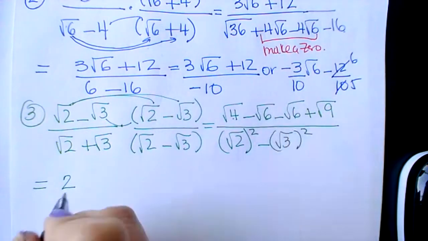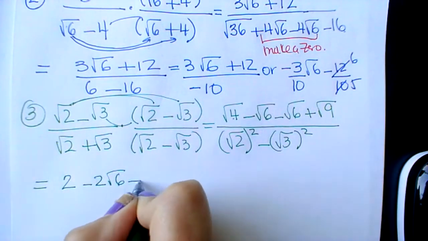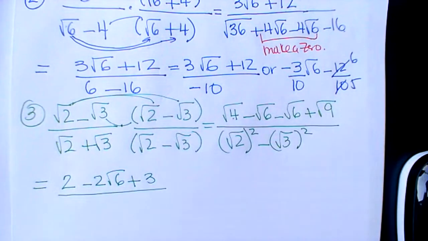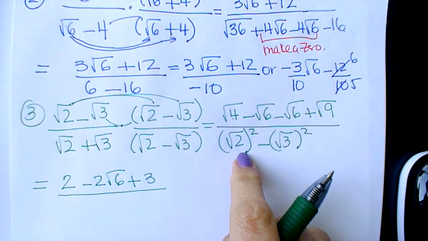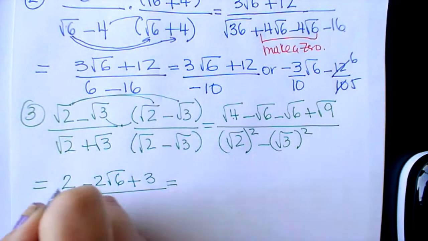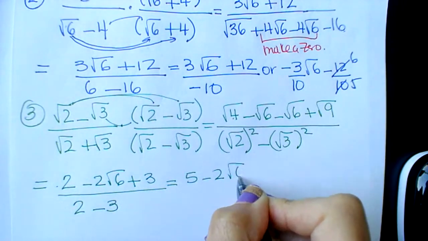Negative 1 minus 1 is negative 2 square root of 6 plus square root of 9 is 3. And what do we have on the bottom? We have 2 and a 3. So 2 plus 3 is 5 minus 2 square root of 6, and we have a negative 1. So this is equal to negative 5 plus 2 square root of 6.